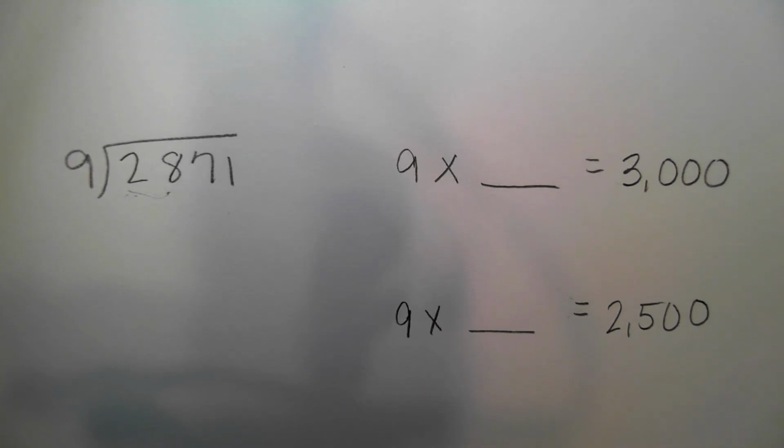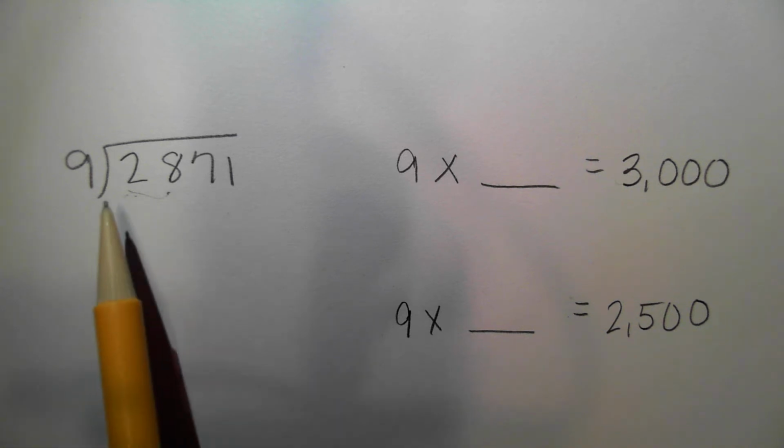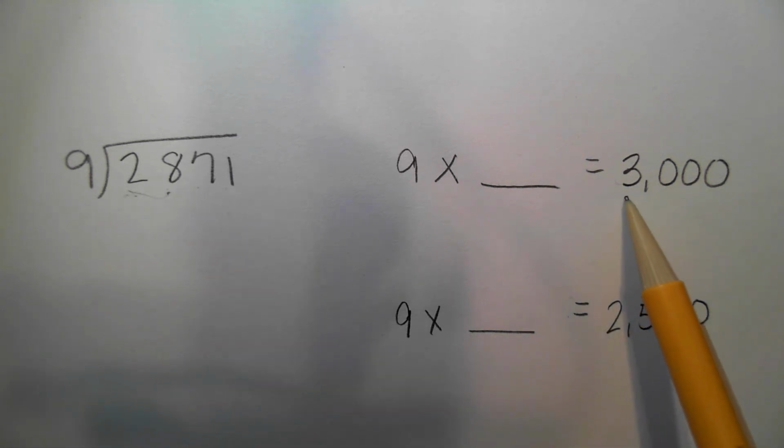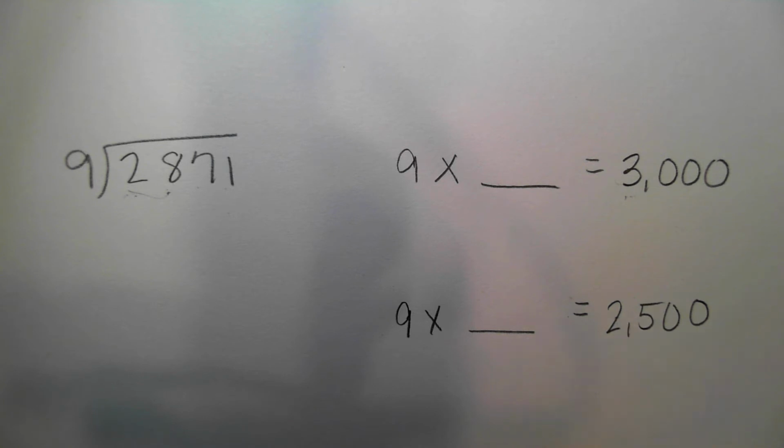So I kind of have a ballpark figure, because I know that my number 2,871 is closer to this than it is to this. Do you see how 2,871 is closer to 3,000 than it is to 2,500? So we're going to use estimation to get there.